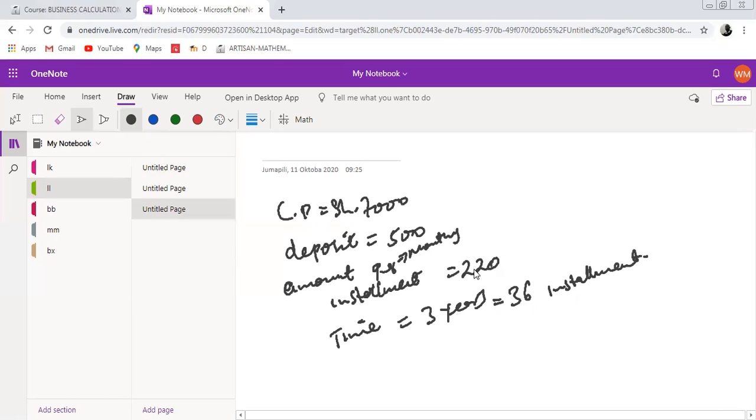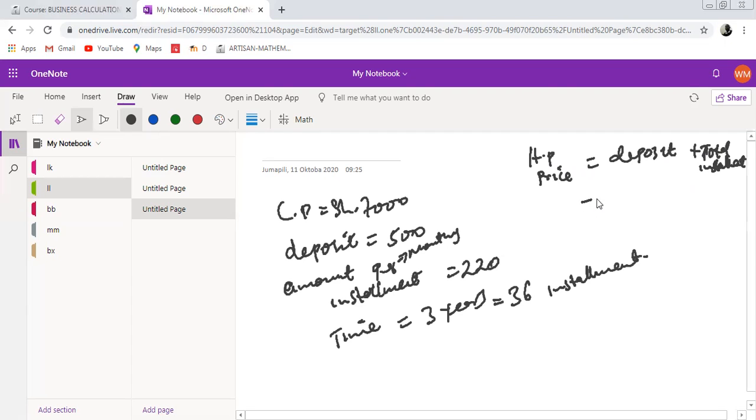Now the question is talking about how much the computer will cost Alex if he agrees with the plan over the hire purchase. So we need to get the hire purchase price. The HP price is given by the deposit plus the total installment amount.